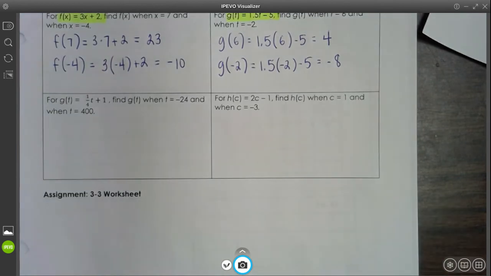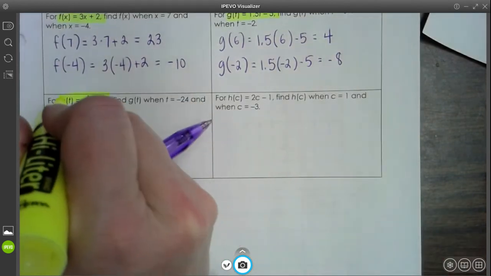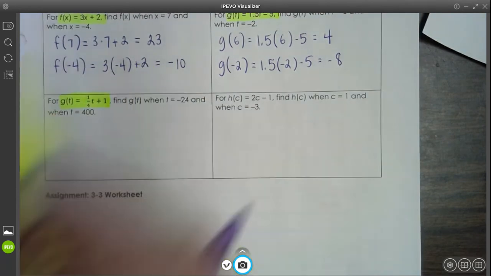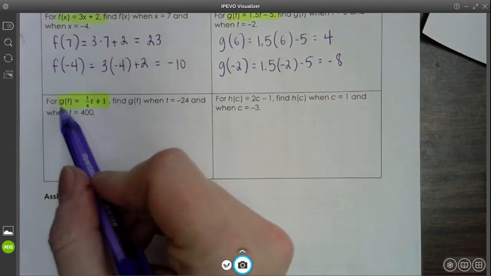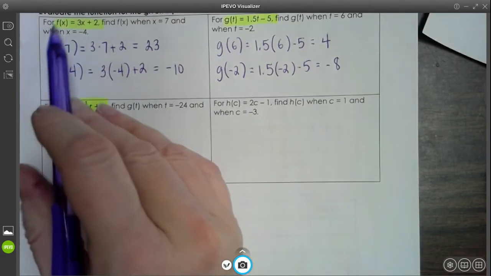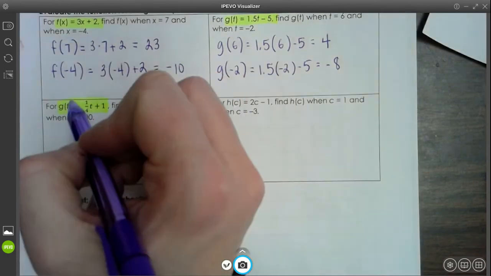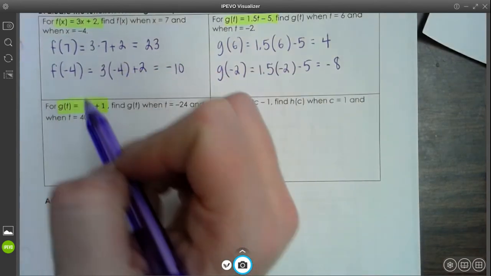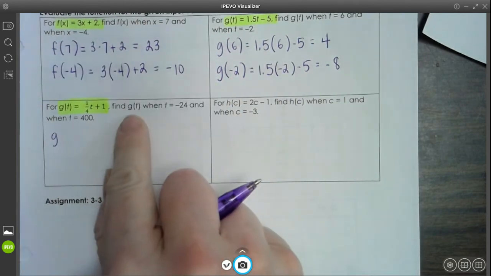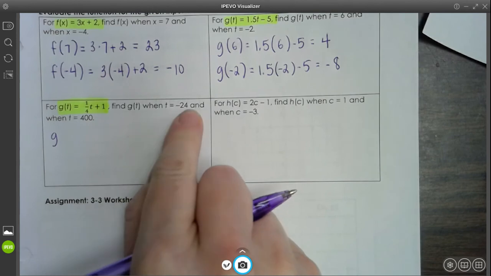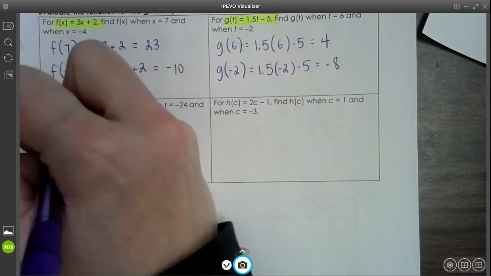Okay, the next one, the function that we're dealing with here is g of t. Sometimes we use x's, sometimes we use t's, sometimes it doesn't matter what the letters are. G is just the name of this function, just like f is the name of that function. So again, g of t is like the y values. So we're going to take g, but this time we want when t equals -24. So I'm going to rewrite this, and just everywhere I see a t, I'm going to replace it with a -24.